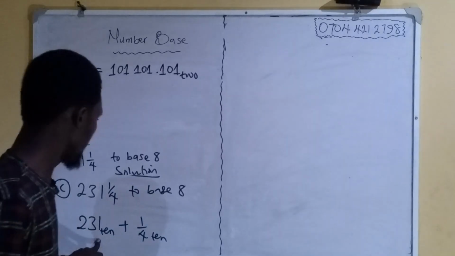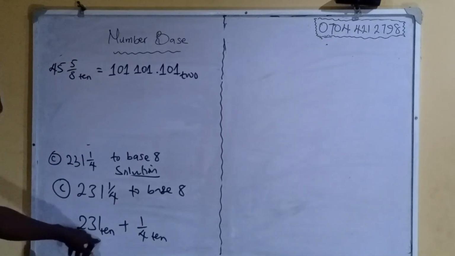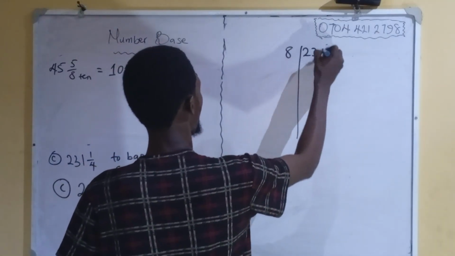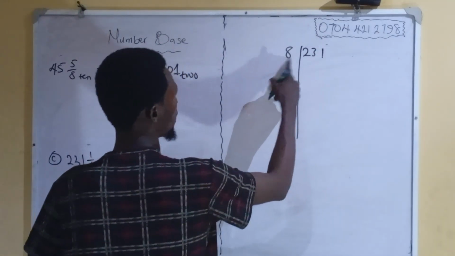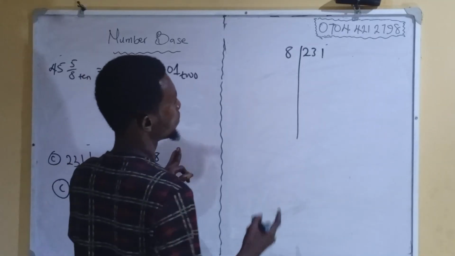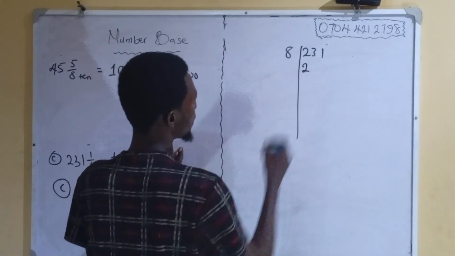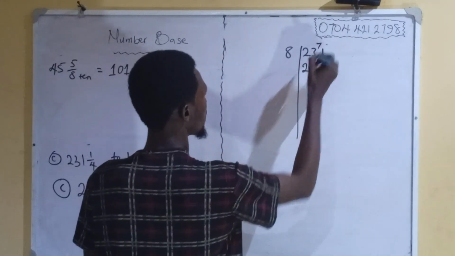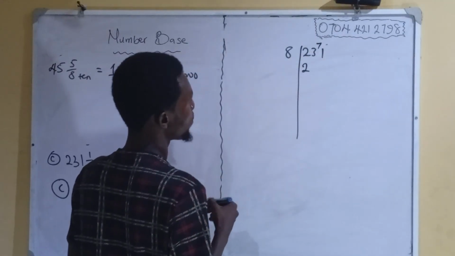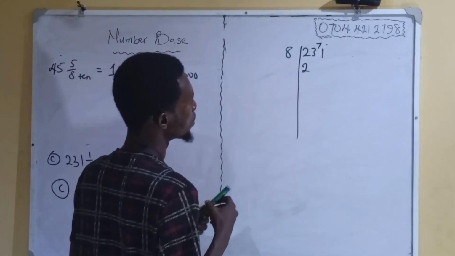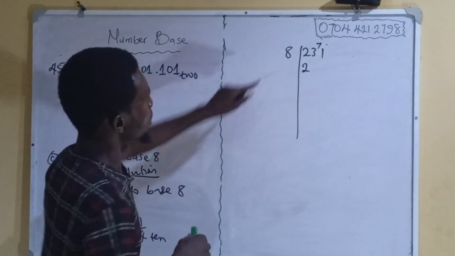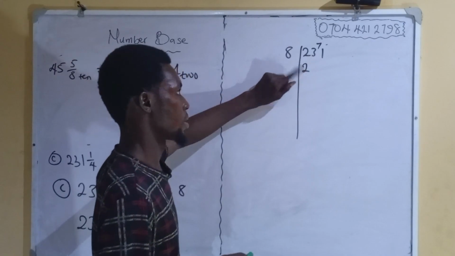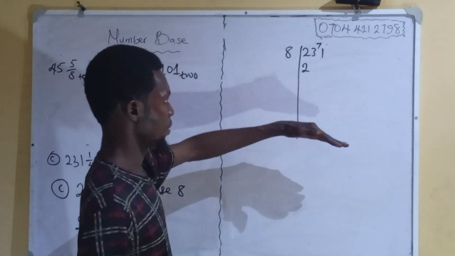So for this one, you divide repeatedly by 8. 231, then 8 goes here. That would be 2, that is 16, remainder 7. Let's see, 8 goes into 23 twice, remainder 7.